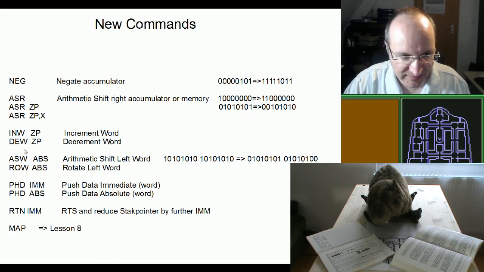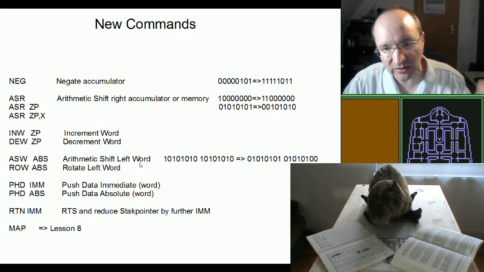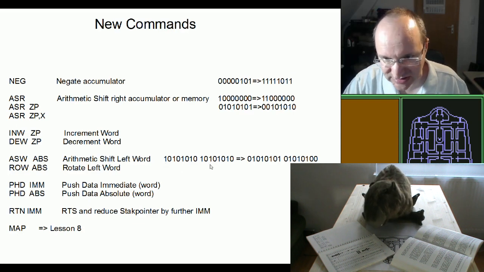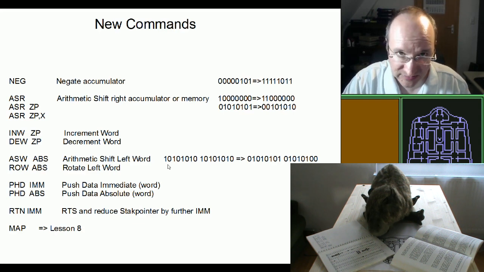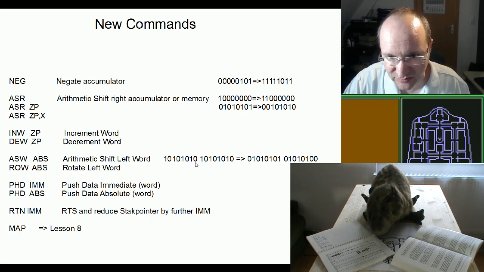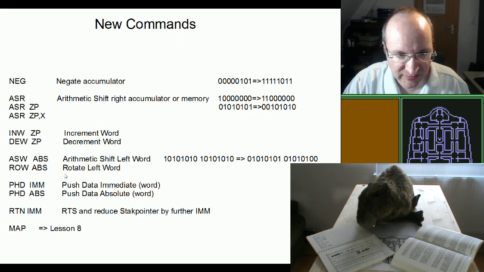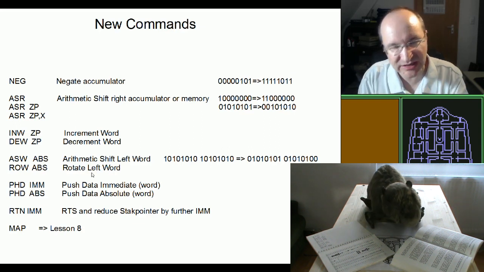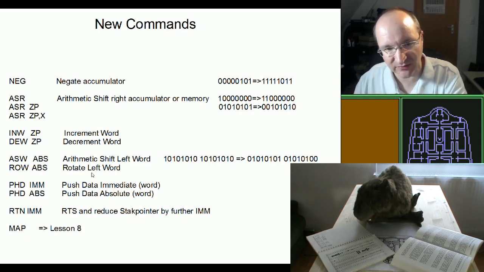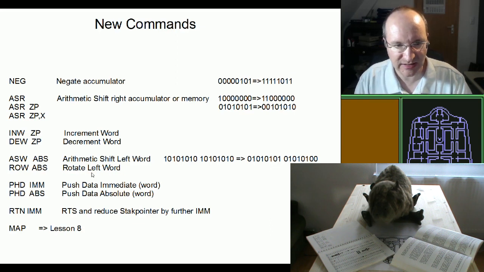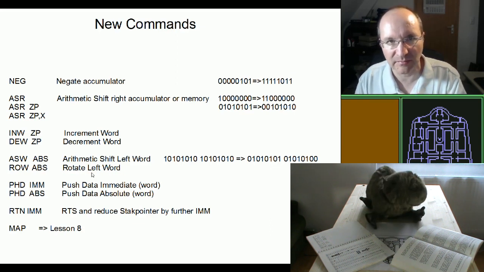Also you now have an arithmetic shift of a word, so it's shifting a 60-bit value, doing exactly what you have done before manually. What goes out here, you're shifting in here, and you have a rotate word, which does the rotation as you had done it before.